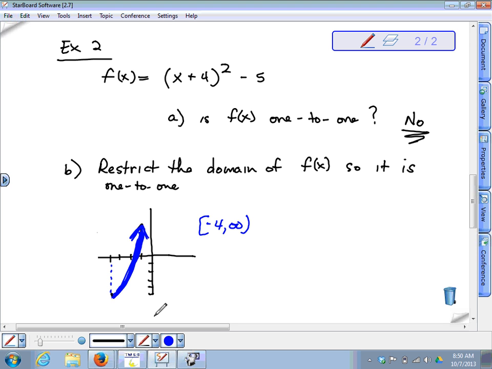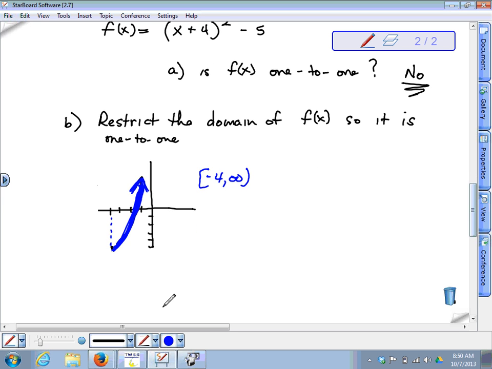That's the vertex. Okay? Now, we could have, I guess, done the left half, but traditionally, for a problem like this, you want to take the right out. I'll explain why in a second. But if we restrict the domain from negative 4 to infinity, now is this one-to-one? Is this function one-to-one? Yes. This function is now one-to-one. We've restricted the domain from negative 4 to infinity.